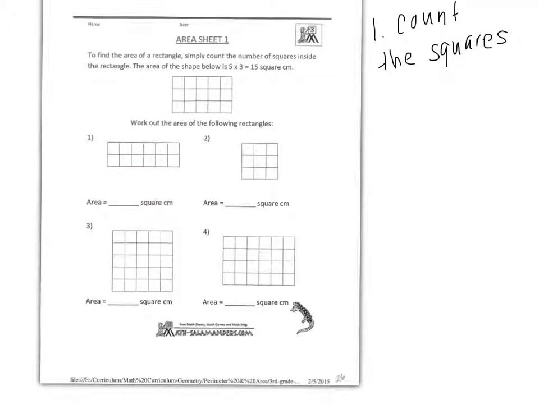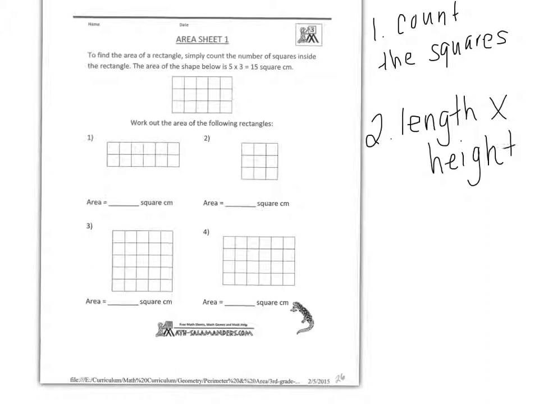Now, this is good, but sometimes there's not going to be squares. Sometimes you're going to need the second, which is to find the length times the height. So sometimes you may get a picture that looks like this.